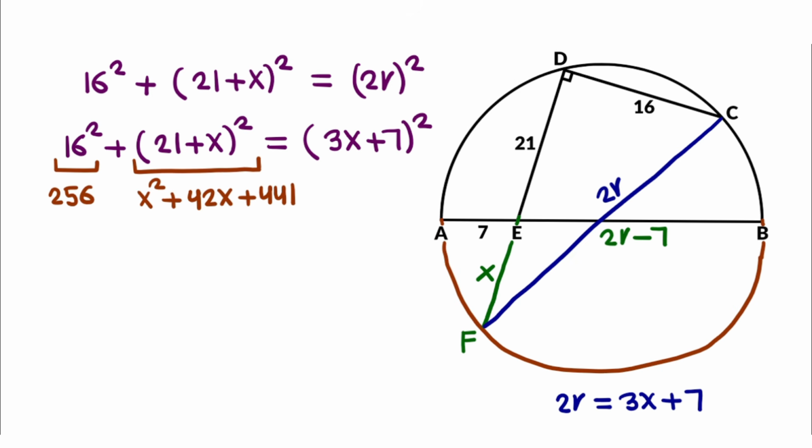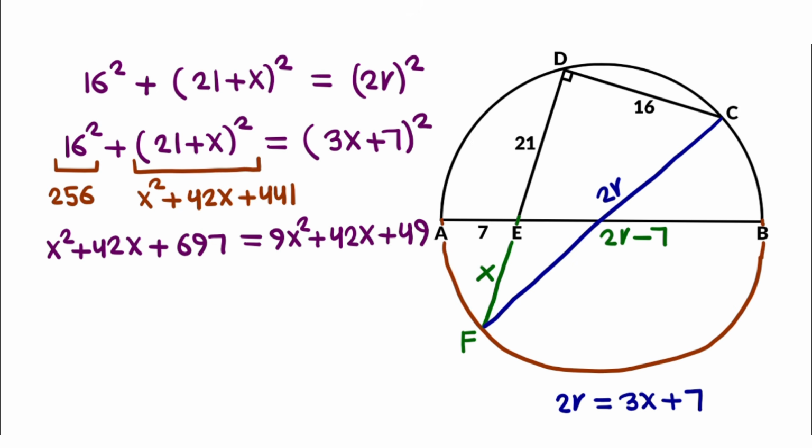Adding those together gives x squared plus 42x plus 697. Now expand the right side. The quantity 3x plus 7 squared becomes 9x squared plus 42x plus 49.